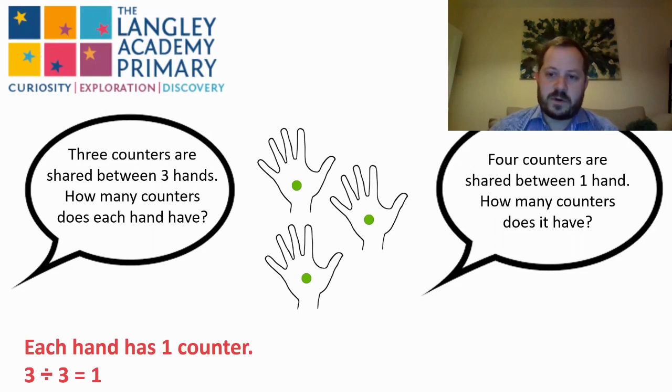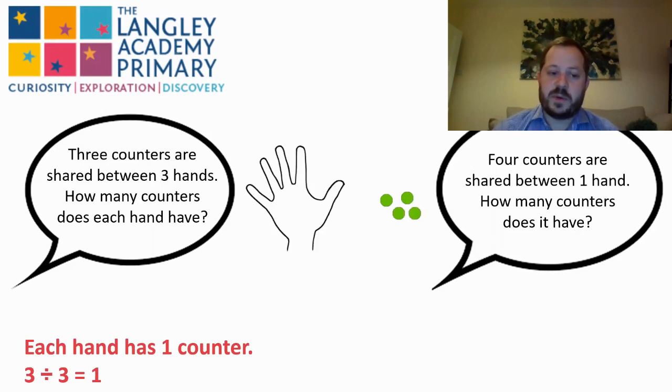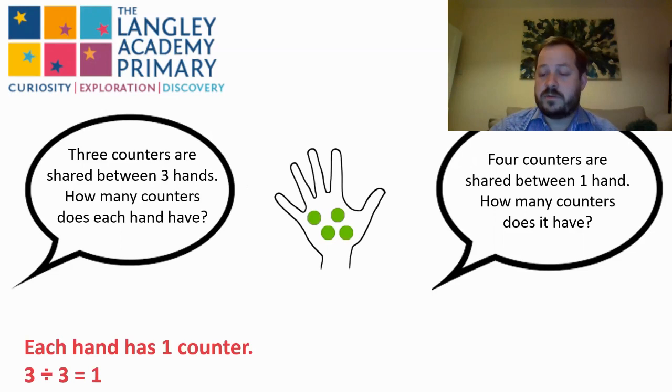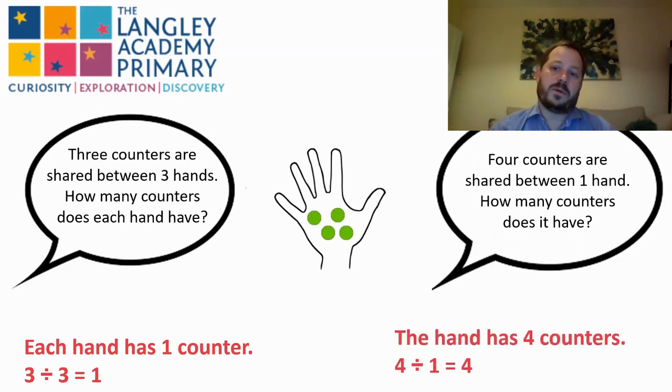In the other case, we've got 4 counters and it's shared between 1 hand. How many counters does the hand have? In this case, dividing by 1, all of them go into the 1 hand. So the number stays the same. The hand has 4 counters, and so 4 divided by 1 equals 4.